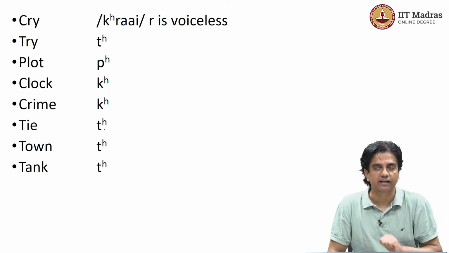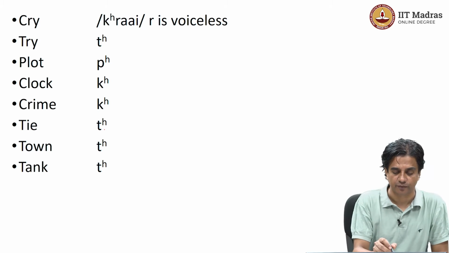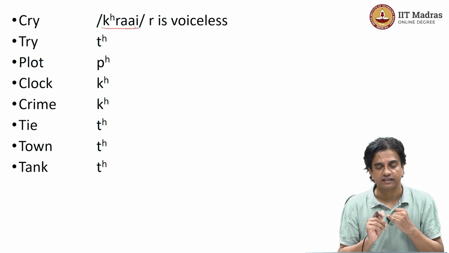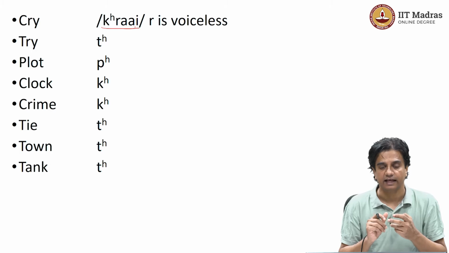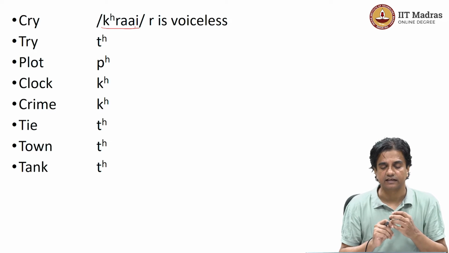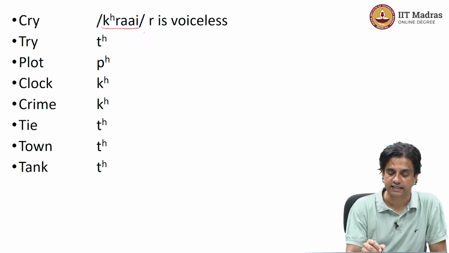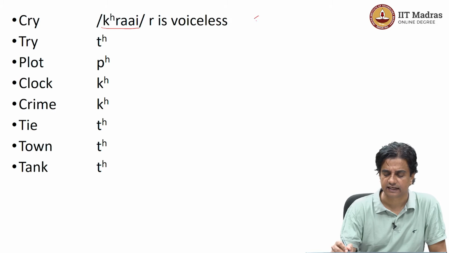So, in a word like cry, that's how this word sounds. This word has k, r, a and e. Cry, cry. So, it's basically a CCVV.